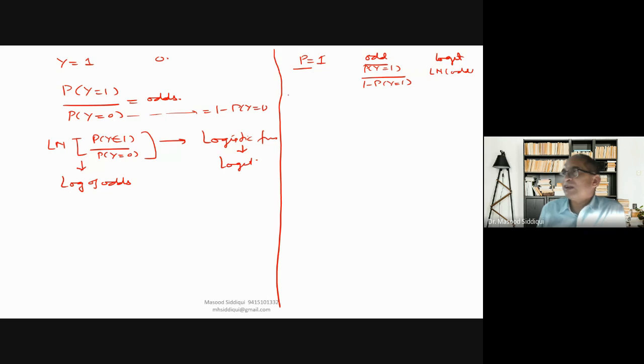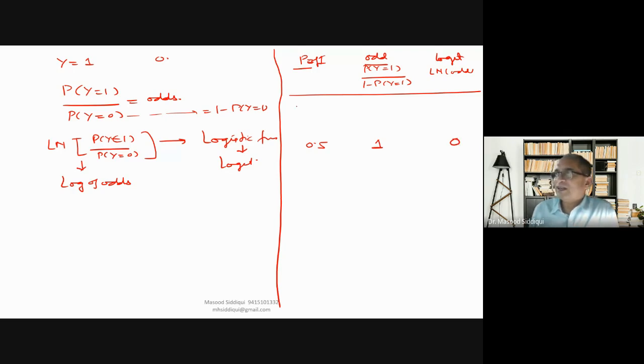Now we consider different values, to know how the classification is done. If the probability of 1 is 0.5, the numerator is 0.5 and the denominator is also 0.5. So odds equals 1, and log of 1 is 0, so the logit value would be 0.